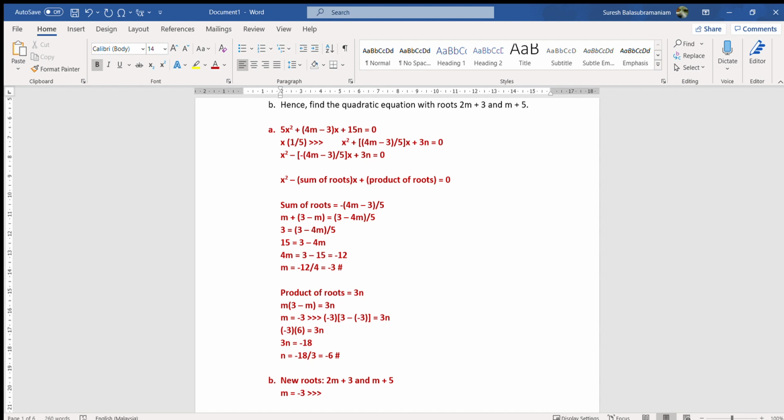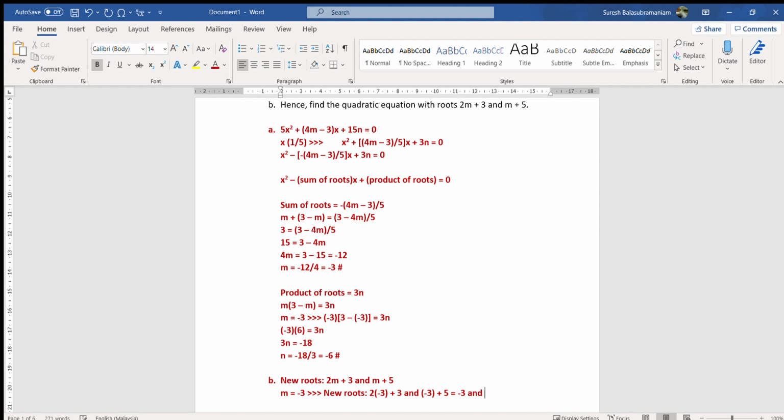The new roots are 2m plus 3, where m is negative 3, and m plus 5, where m is negative 3. 2 times negative 3 is negative 6, negative 6 plus 3 is negative 3.